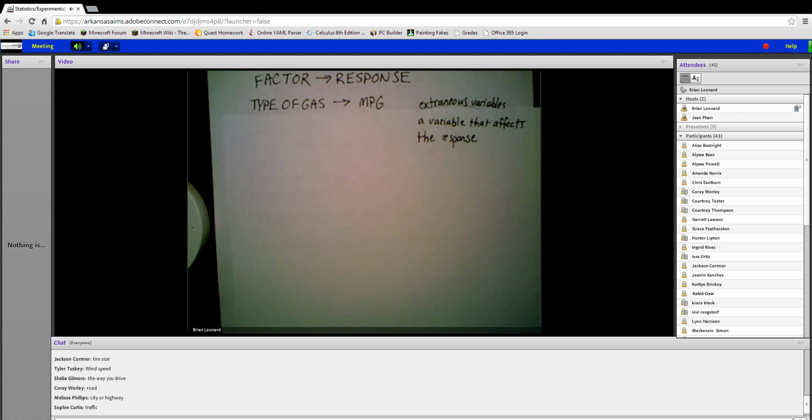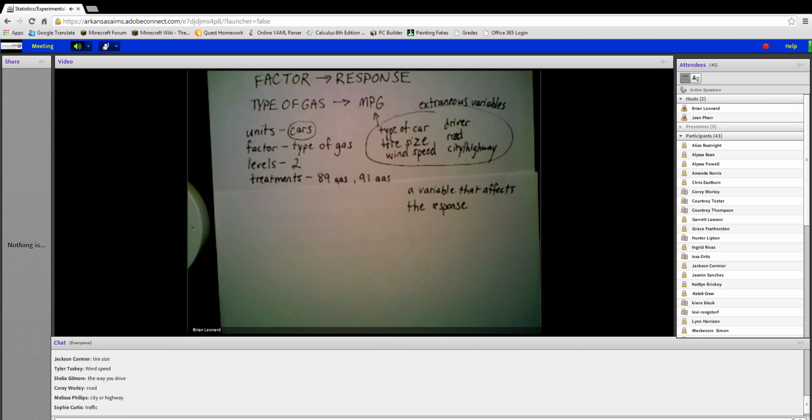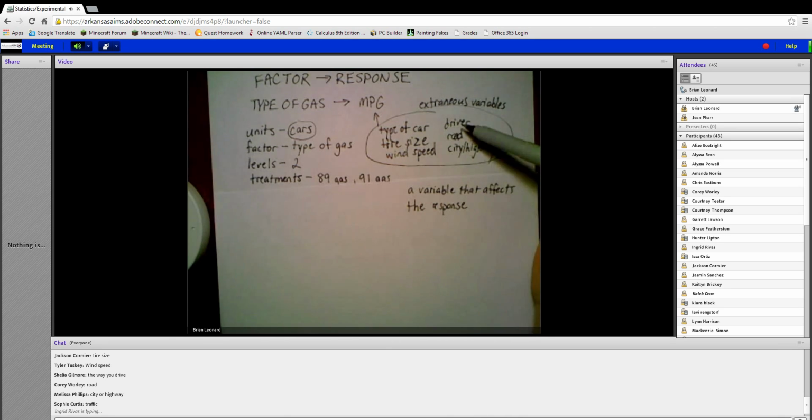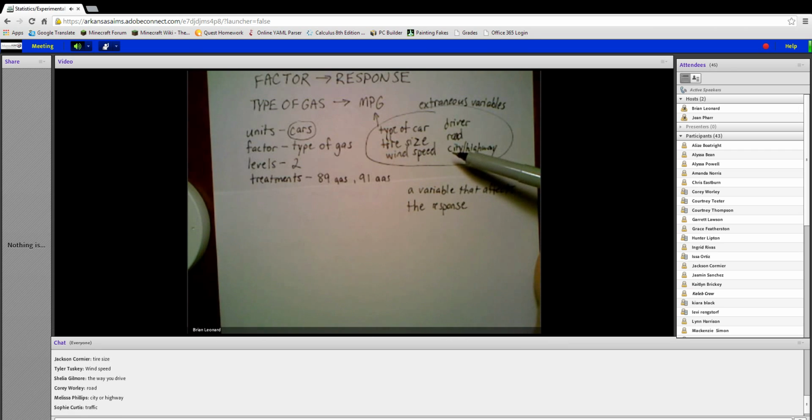And every experiment has them. I mean, every experiment, no matter how good we try, is going to have extraneous variables. Y'all just came up with a bunch right there pretty easily, okay? So the question is, how do we account for all of these extraneous variables?